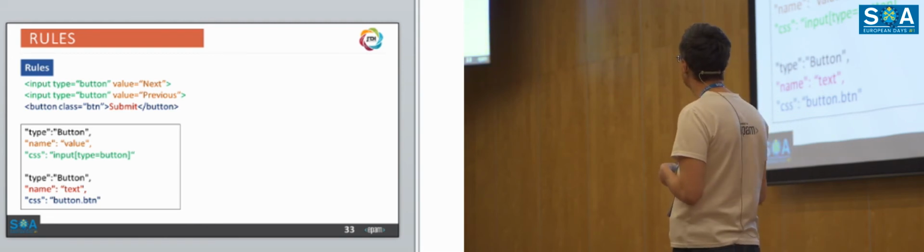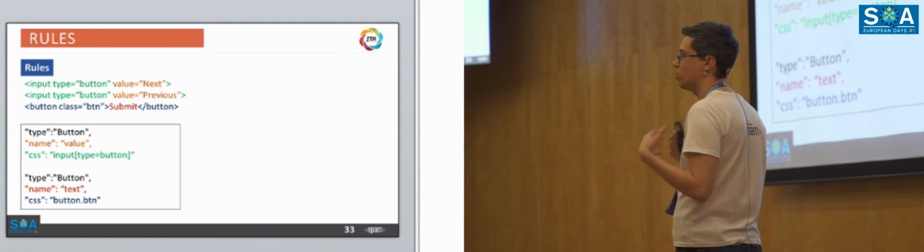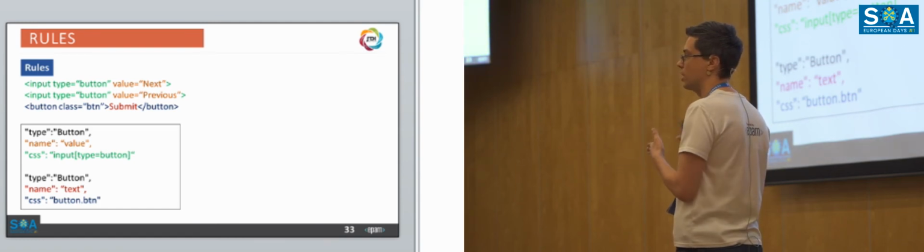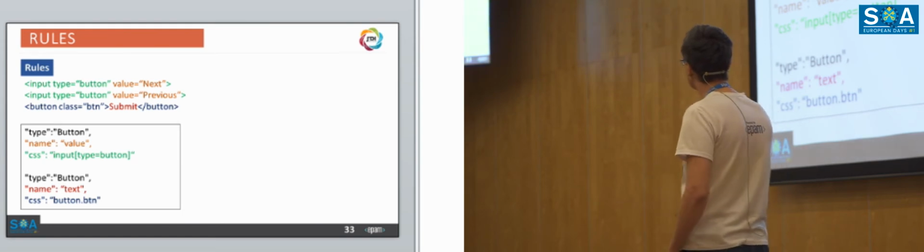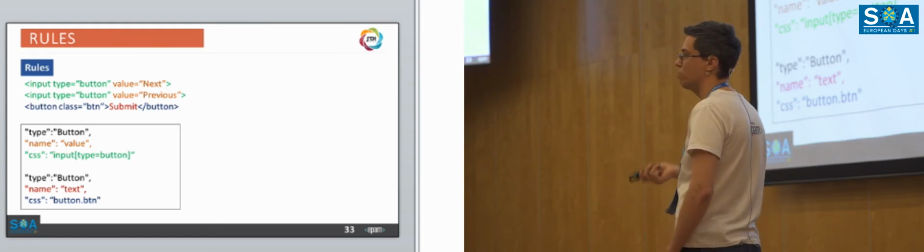That's for button. We have 2 rules. The CSS locator is how to find all elements that meet this locator. So the first rule will find the first 2 elements, and the second rule will find the last one. And the name is how to make it unique.